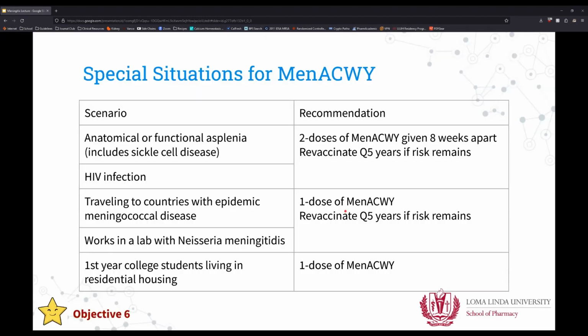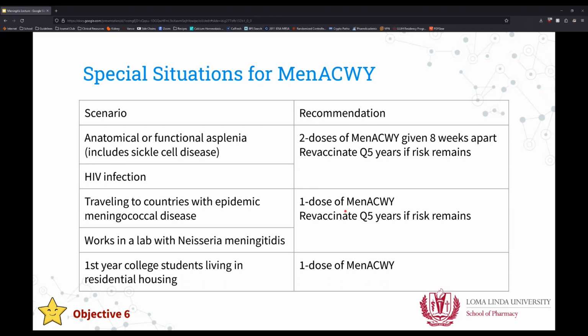However, there are specific situations where you may consider providing another dose of this quadrivalent meningococcal vaccine. This is in scenarios where there is anatomical or functional asplenia, which also includes patients who have sickle cell disease.